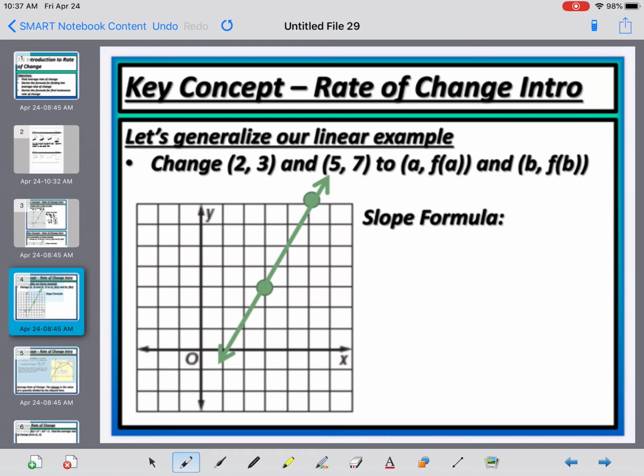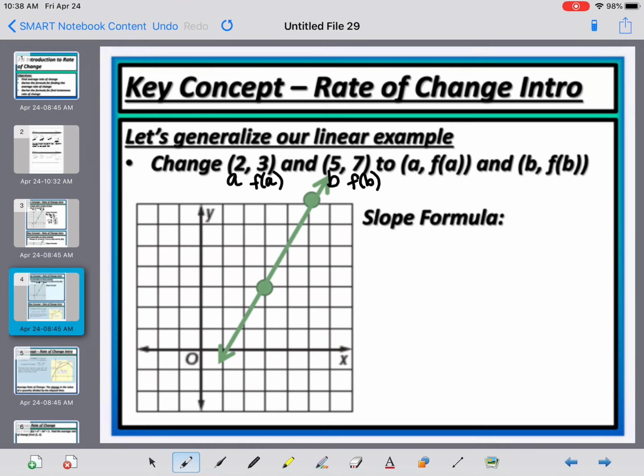Now I want to stick with the same idea of slope, but I want to change our thinking of the notation that we're using for each of those ordered pairs. If we say that our first ordered pair is A and our second ordered pair is B, then for each x value, in order to get that y value, we had to do f of A, meaning we took our x and plugged it into the function.